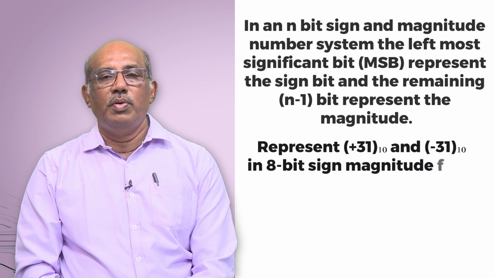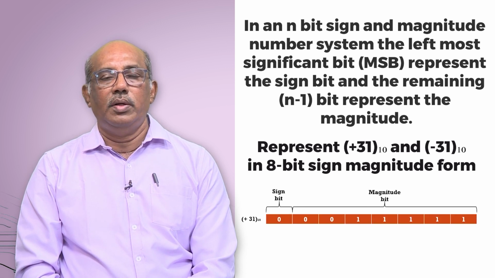Suppose I have to represent the decimal number plus 31. How will we go for it? The most significant bit is the sign bit; being a positive decimal number, in binary form we will represent that with the bit 0, and the remaining 7 bits will represent the magnitude of the decimal number 31.